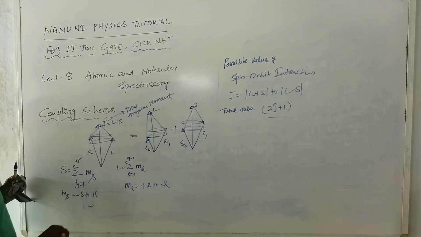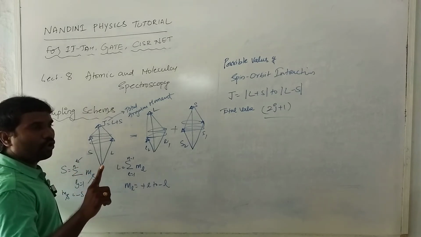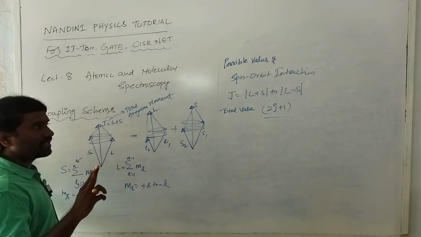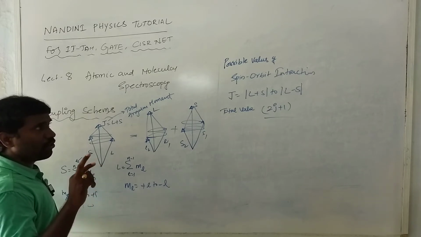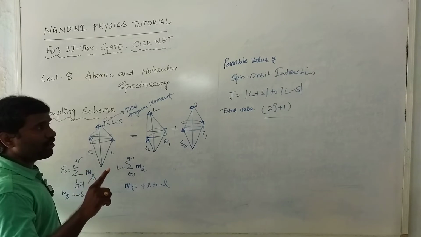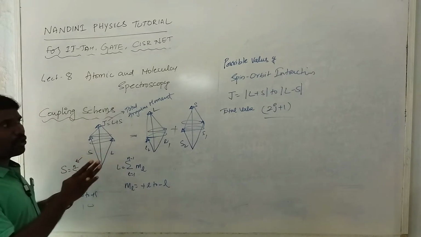So coupling schemes is over. We have three coupling schemes: the first one is the orbital coupling scheme, and the second is the spin interaction, and then the spin-orbit interaction. These are the coupling schemes and possible values.